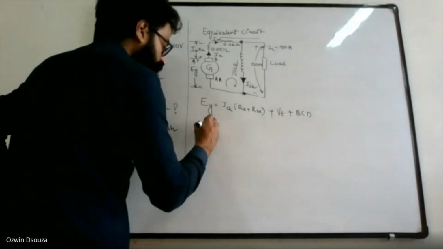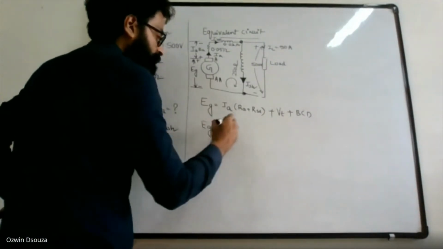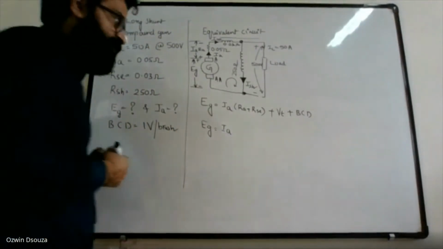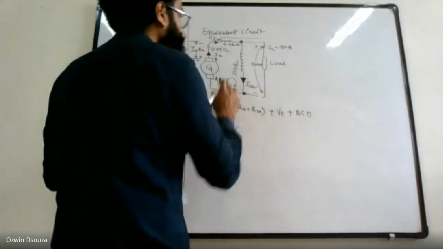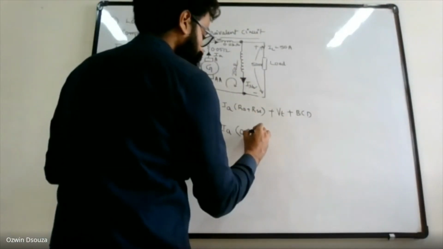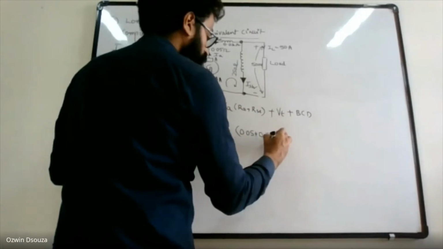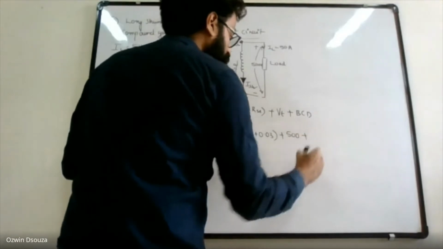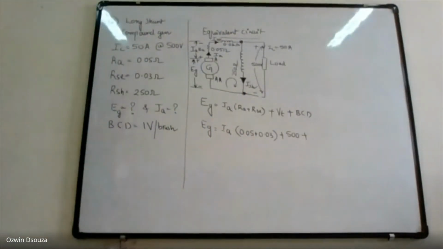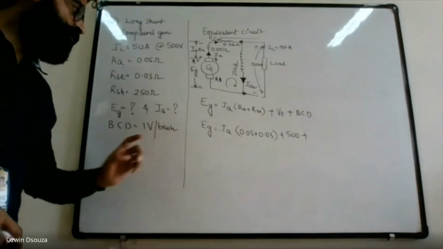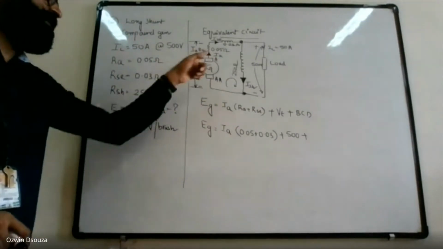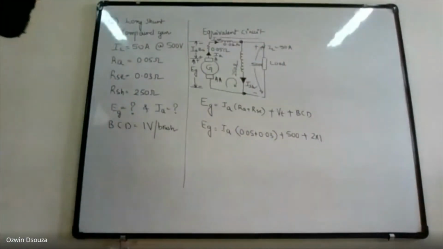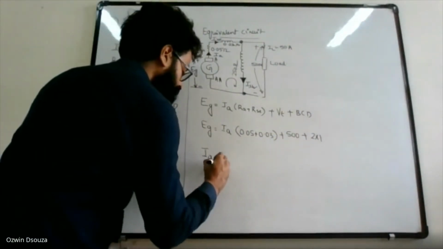Therefore, EG is equal to IA, do we know IA? We don't know IA, that we are supposed to find out, into RA is 0.05 plus RSC is 0.03, plus terminal voltage 500 plus brush contact drop. They have asked us to take 1 volt per brush, and we have a pair of brushes, A and double A, so it is 2 into 1, that is 2. Okay, so let's find IA.